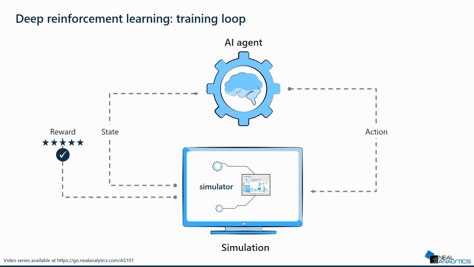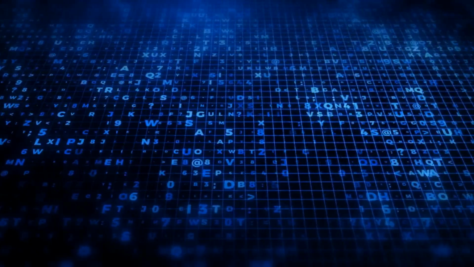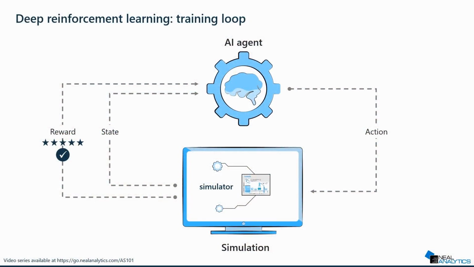Using the output of this reward function, the parameters of the agent will be tuned and a new cycle will start again. A typical AI agent training will take between several hundred thousand to several million cycles. And as depicted on this slide, the agent will use a simulator to train and won't use the actual process that it's supposed to control.